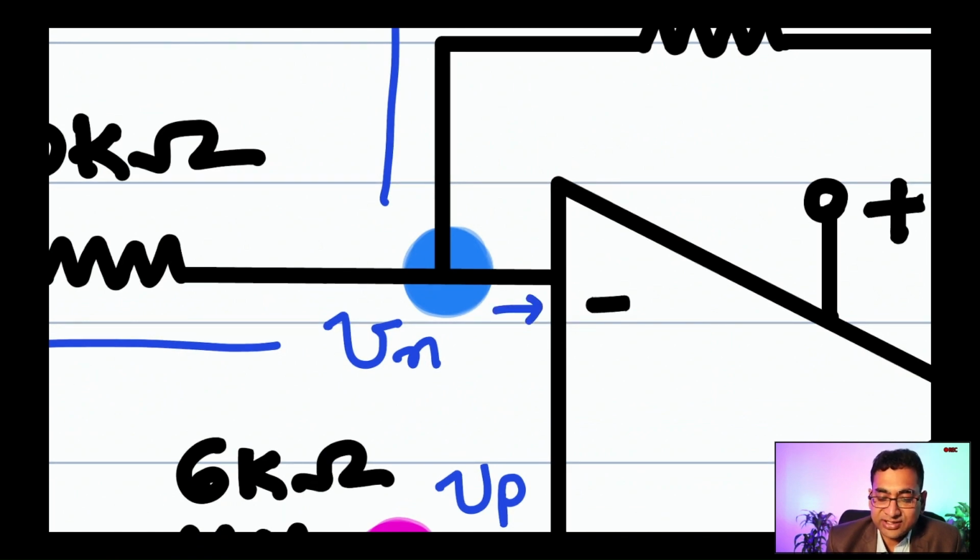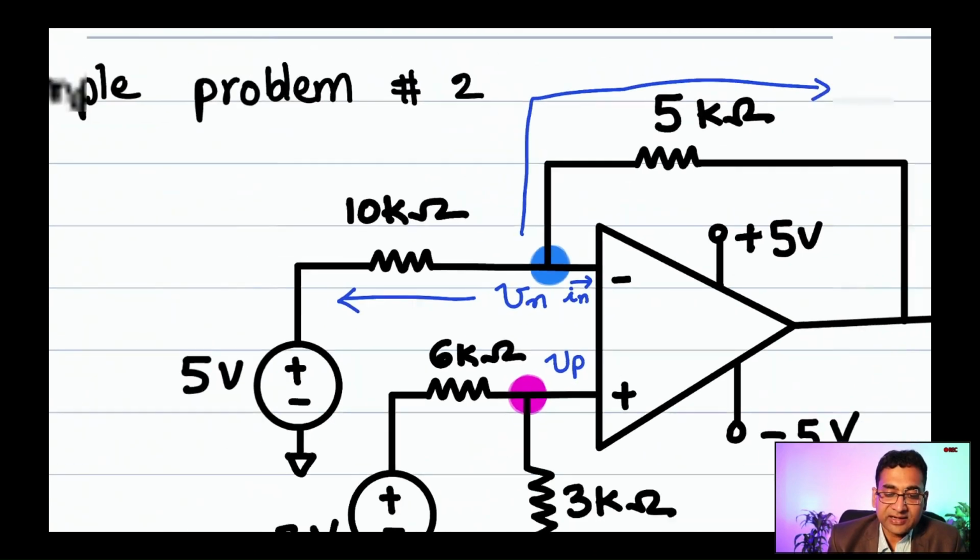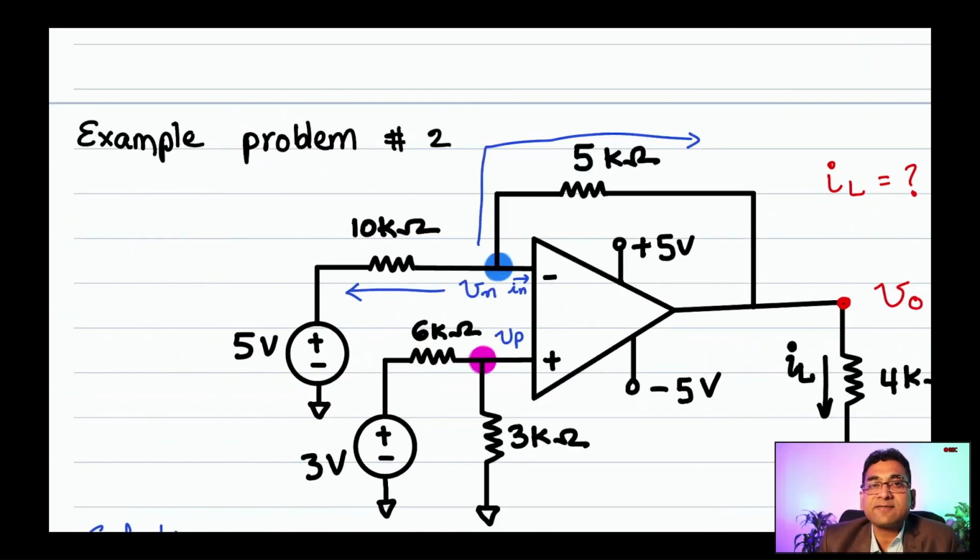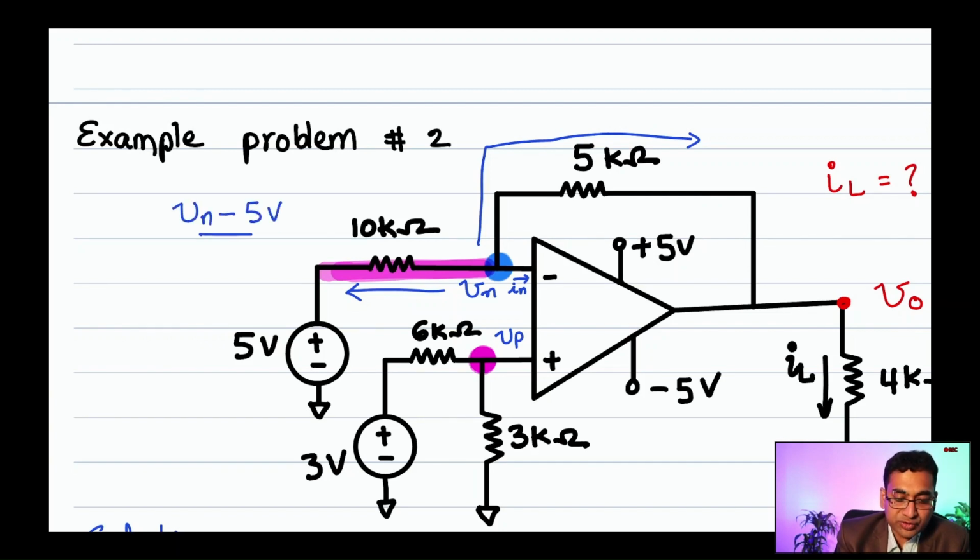There are 3 branches, IN, and 2 other branches, one going to the left and the other going to north and then eastward direction. Okay, 3 branches. So the current flowing in this branch would be simply (Vn minus 5 volts) by 10 kilo ohms.